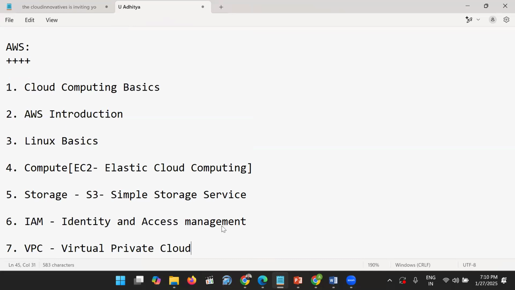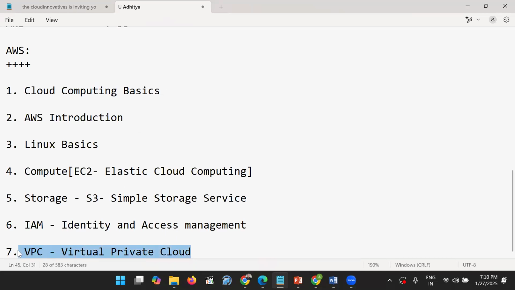How we can create our own virtual private cloud, create the subnets and the route table, launch the web server in the public subnet, launch the database server in the private subnet, and connect the database server to the web server. All those things we can cover in the VPC concept.